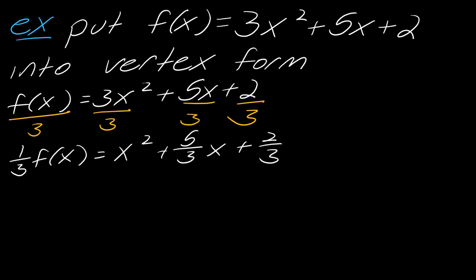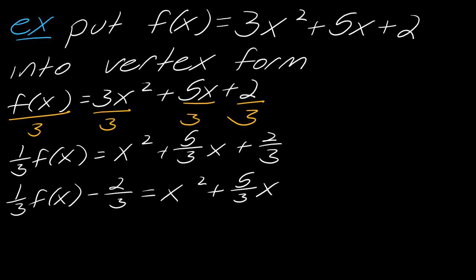Okay, so now we can go ahead and do the same completing the square process. To walk you through this, first I want to get these two x terms by themselves. So I'm going to subtract off the 2/3. I'm going to have 1/3 f of x minus 2/3 equals x squared plus 5 over 3x.